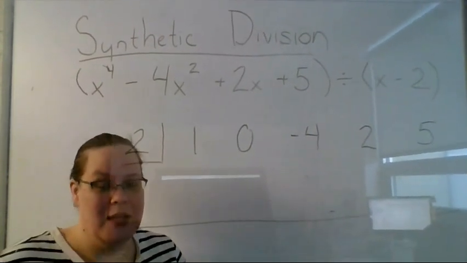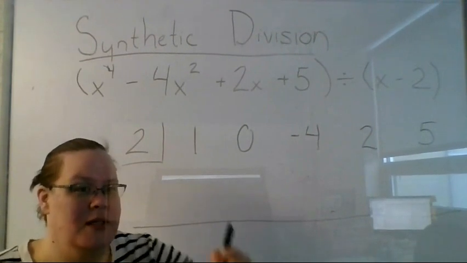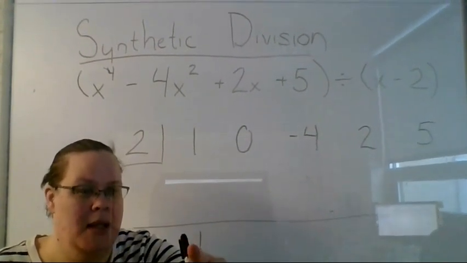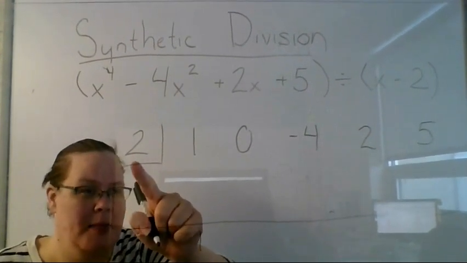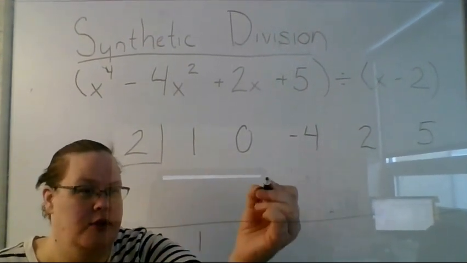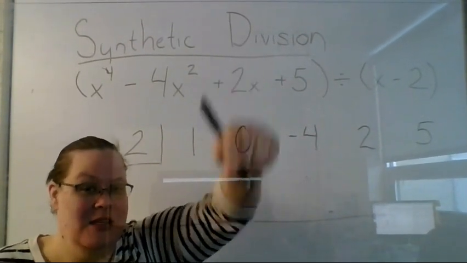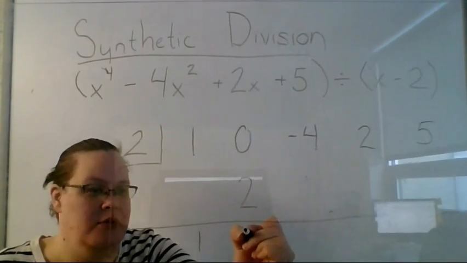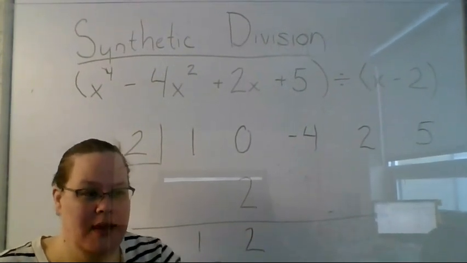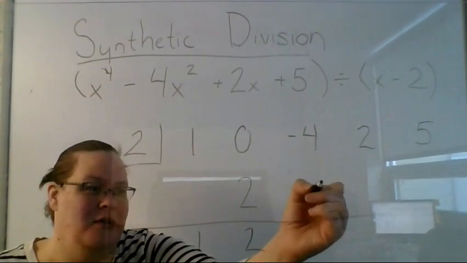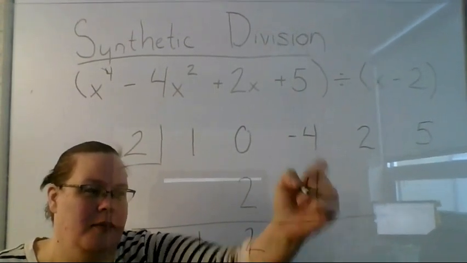Okay, now remember our rhythm for synthetic division always goes the same. We bring down this number, multiply it by 2. 1 times 2 is 2. We add in this direction. 0 plus 2 is 2. We multiply it by that 2. 2 times 2 is 4.